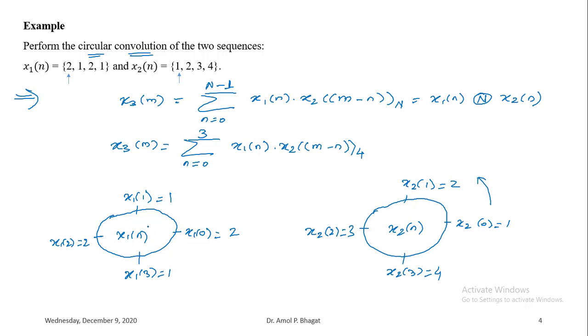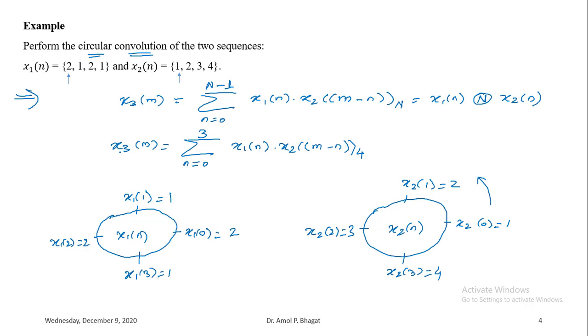So now this x3 of m is obtained by circularly convolving these two sequences, that is x1 of n and x2 of n. Okay, so we'll begin with m equal to 0.